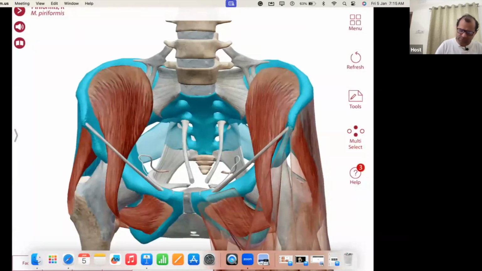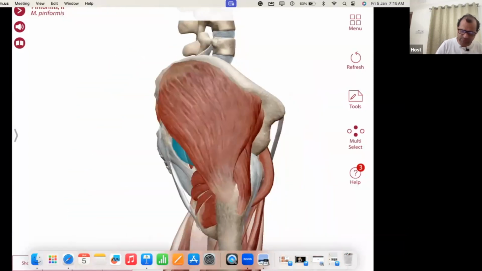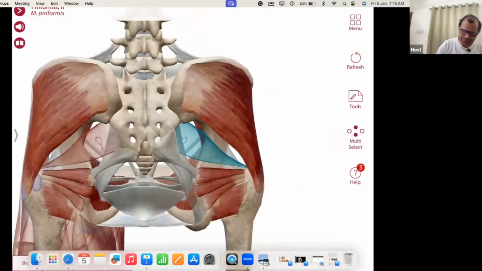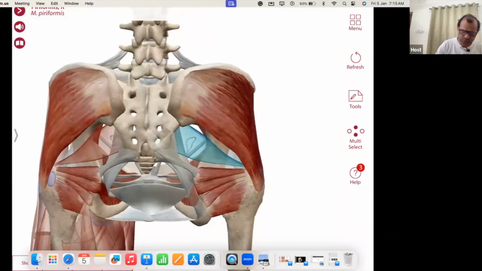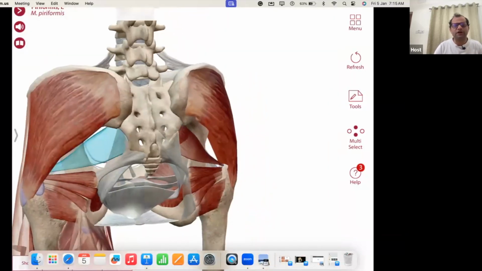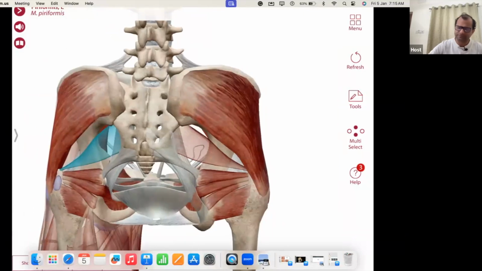So the piriformis muscle is located here. We can see this is the piriformis. It's on the anterior side. Got it?